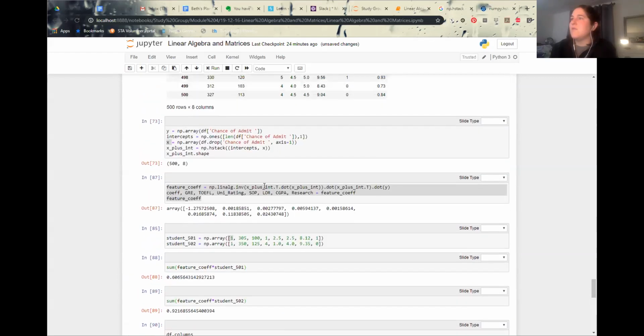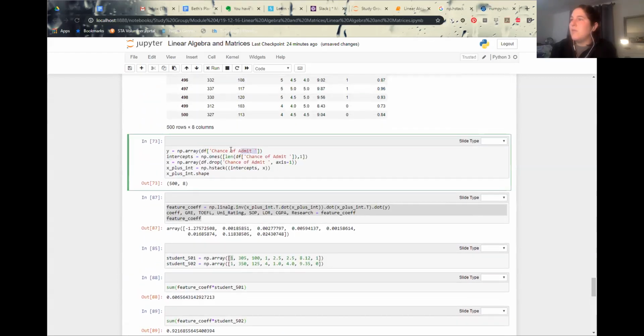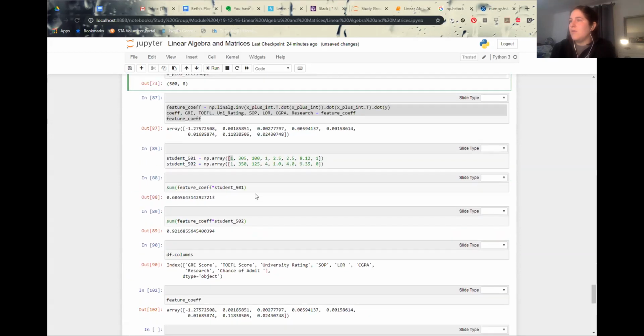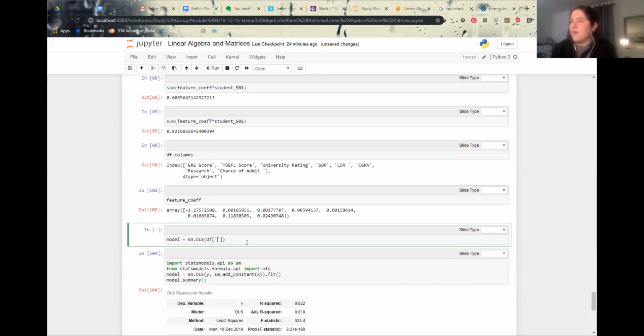Yeah, so you could do this. Several of the column names actually had spaces at the end.